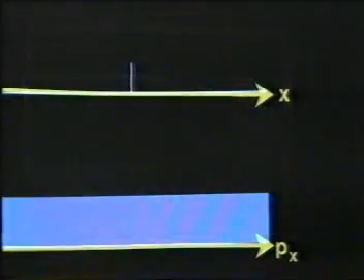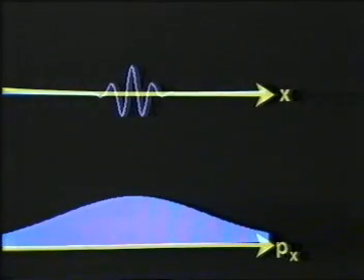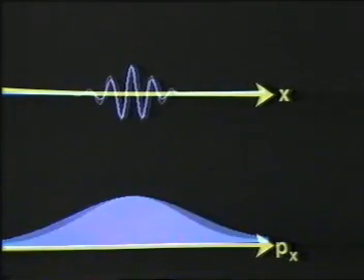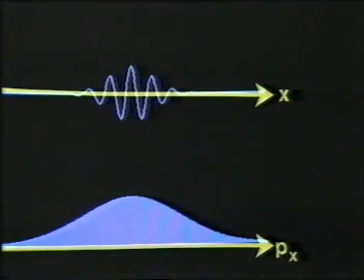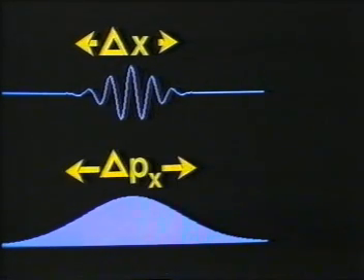And at some intermediate stage, you can see that if I know the position of the electron to roughly these limits, I'll call that delta x, and I can define it in some convenient way, then I'll only be able to know its momentum at that instant to within this sort of range, delta p_x.